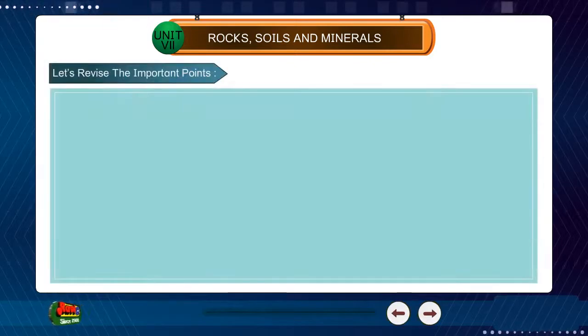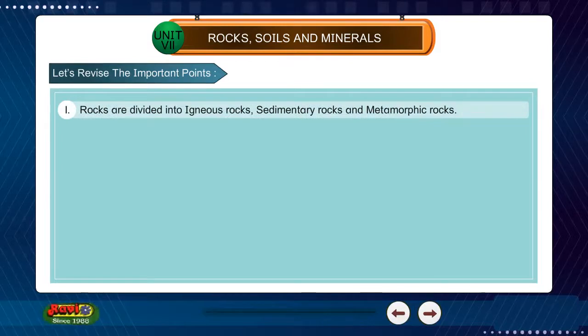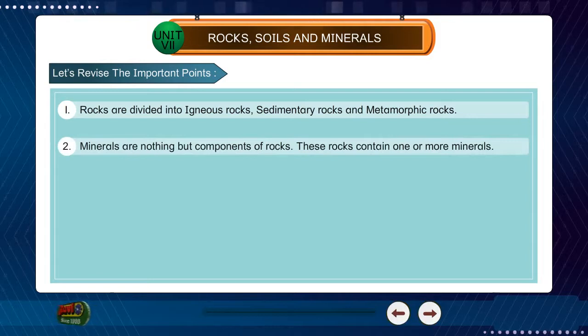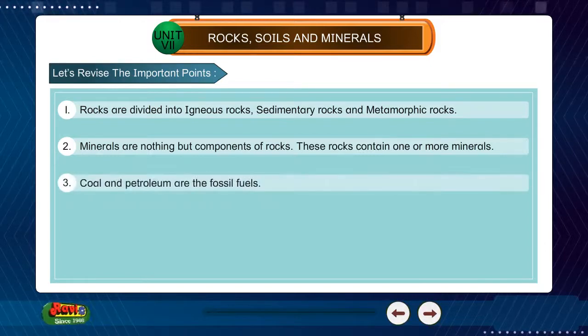Let's revise the important points. 1. Rocks are divided into igneous rocks, sedimentary rocks, and metamorphic rocks. 2. Minerals are nothing but components of rocks. These rocks contain one or more minerals. 3.